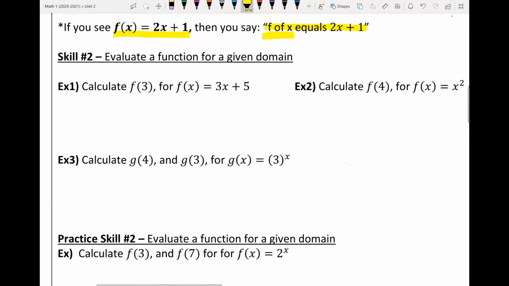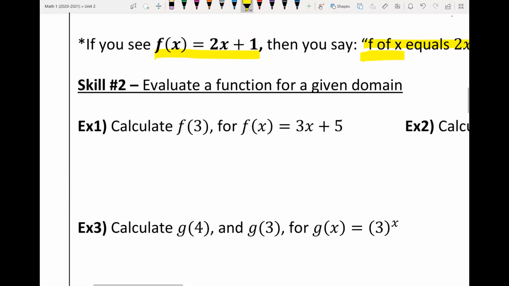For this one, I'll just zoom in on example 1 here. We want to evaluate a function for a given domain. Remember, our domain is the x values. So we have f of x. They want us to calculate or find what f of 3 is, given that f of x is 3x plus 5.